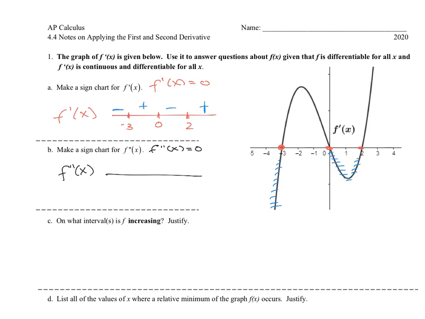We just reviewed, and yesterday we talked about the fact that f double prime of x is equal to 0 where f prime of x has a horizontal tangent line. So if I were to draw in a horizontal tangent line for f prime, there would be two spots where that would occur. I'm just going to estimate those spots to be at x is -2 and x is 1.